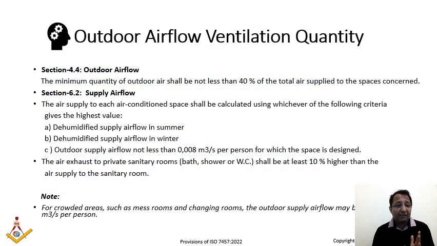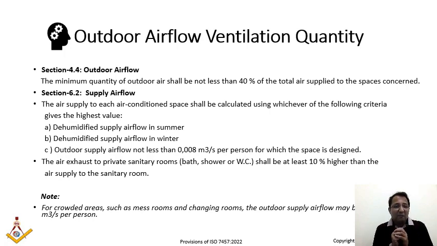Now here the game begins from this section onwards: outdoor airflow ventilation quantity. Section 4.4 talks about the outdoor airflow. The minimum quantity of outdoor air shall not be less than 40% of the total air supplied to the space. That means whichever calculation you are doing for the outdoor air requirement has to be minimum 40% of your total supply air.